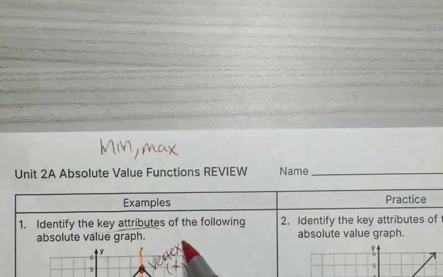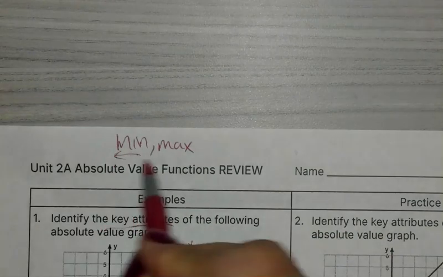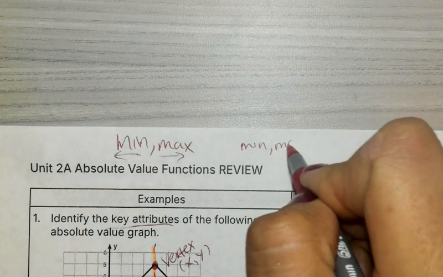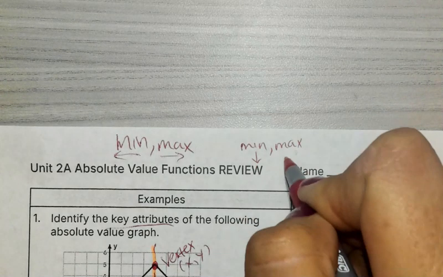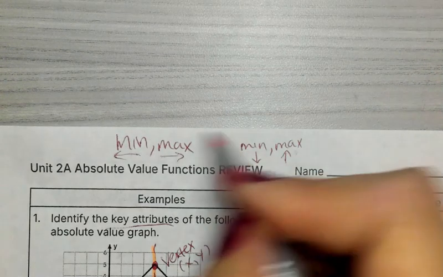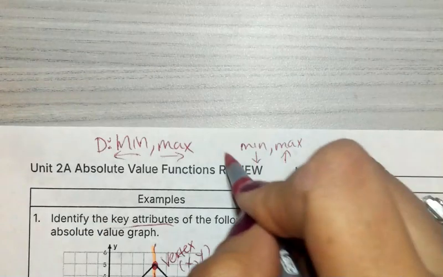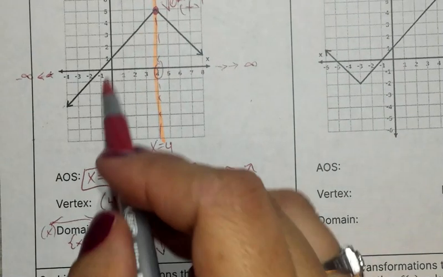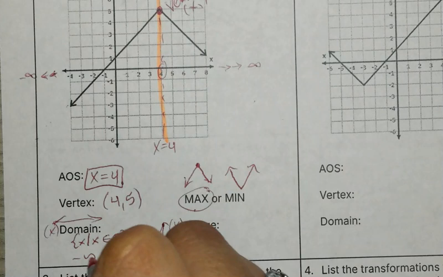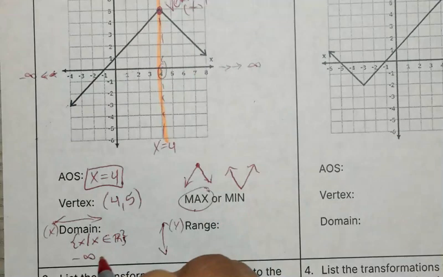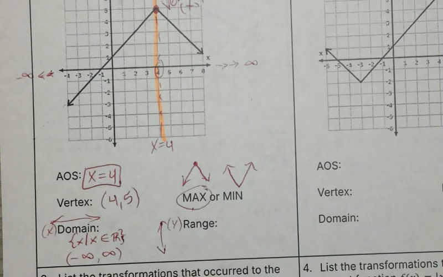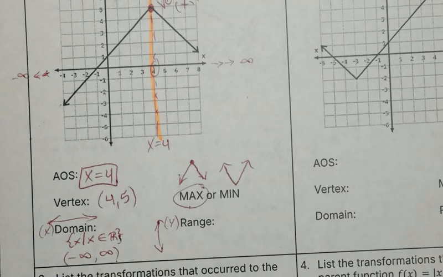So if you're doing domain, minimum is to the left, maximum is to the right. If you're doing range, minimum is down, maximum is up. So just keep that in mind that this is for domain and this is for range. So for this case, we're going to have a minimum going to the left of negative infinity and a maximum of positive infinity, parentheses on both ends. So that's the interval notation.